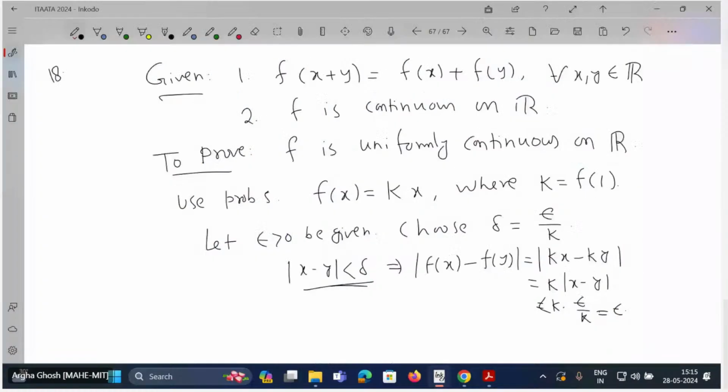Okay. Question number 19, correct? So let x1, x2 be any two real numbers.